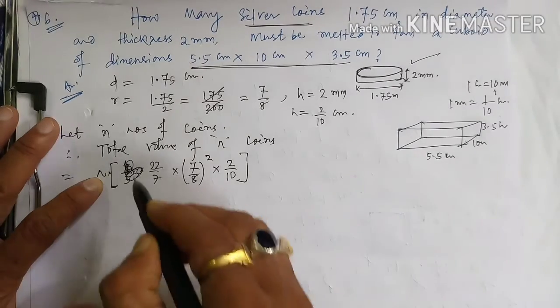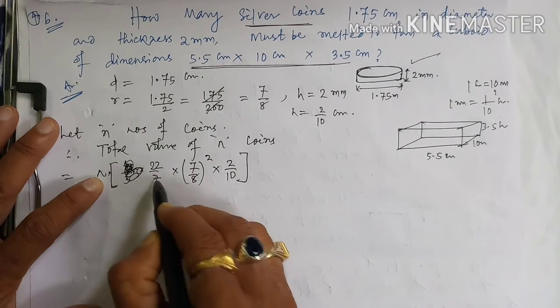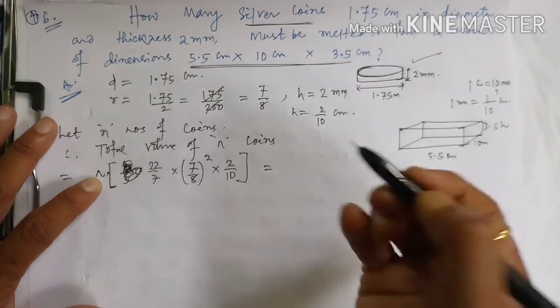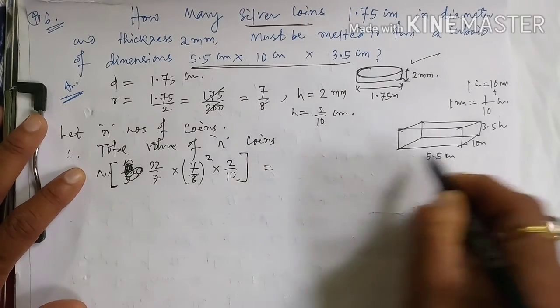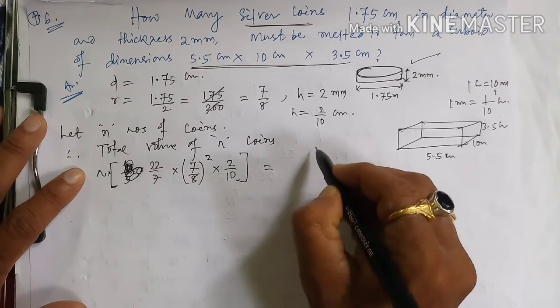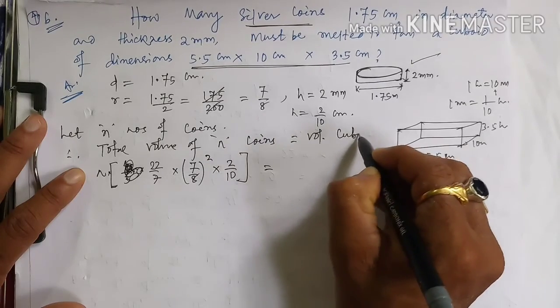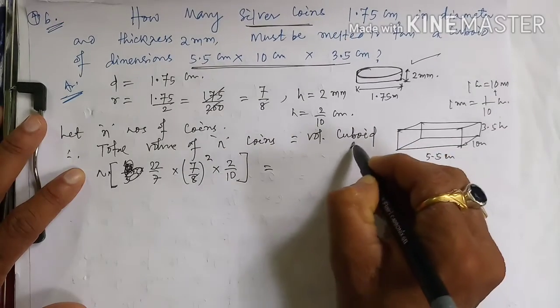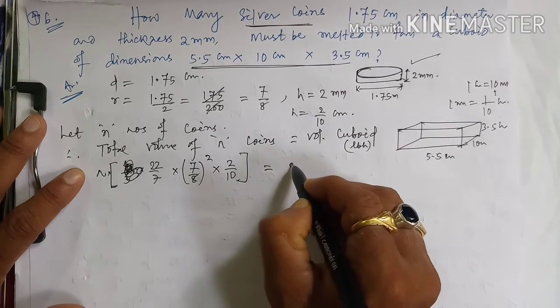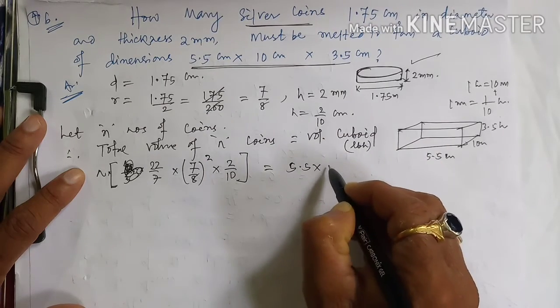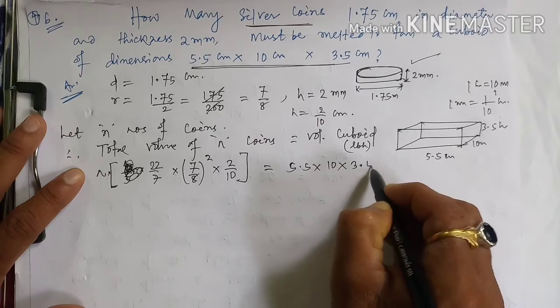N coins means n into the volume of one cylinder, that is pi r square h, is equal to the volume of the cuboid, that is LBH, which is 5.5 into 10 into 3.5.